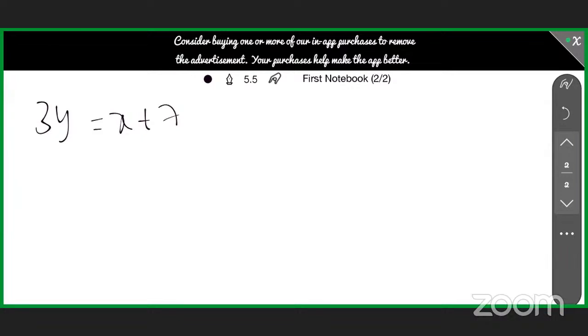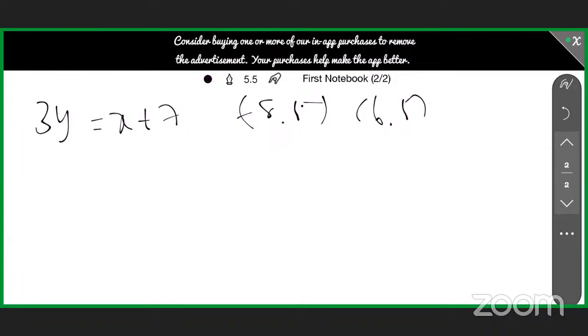If the two adjacent vertices of the rectangle are (-8, 5) and (6, 5), you have to find the area of the rectangle.